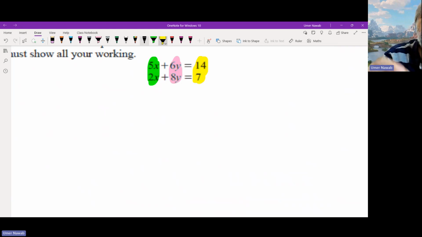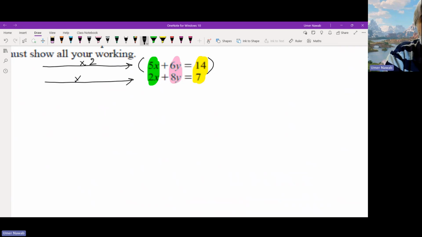For me, the easy thing is this: the first equation I am going to multiply with 2, and the second equation I'm going to multiply with negative 5. Why am I multiplying with negative 5? Because I want to change the signs of them. Some students don't multiply with negative 5, they just multiply with 5. I will use both techniques. So let me multiply the second equation with negative 5 and the first equation with 2.